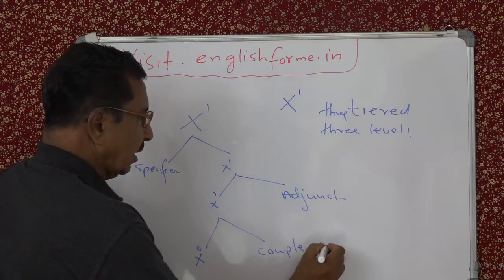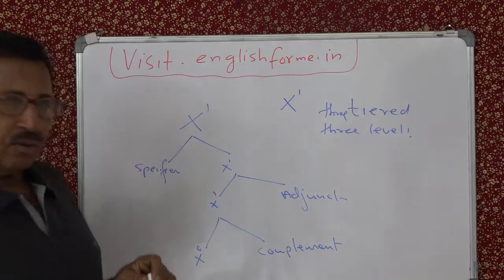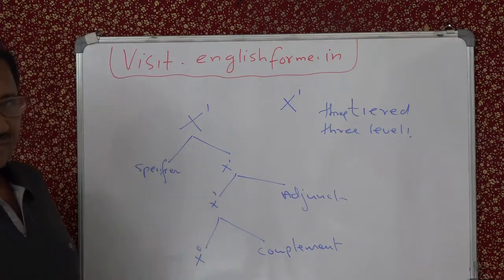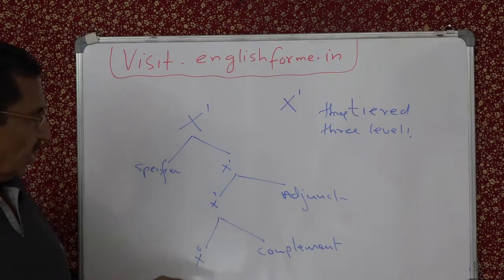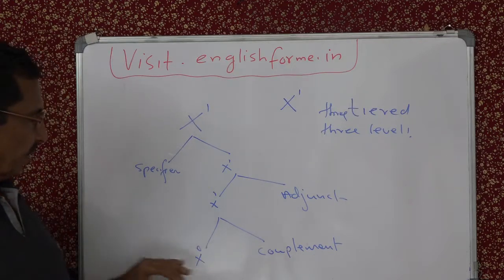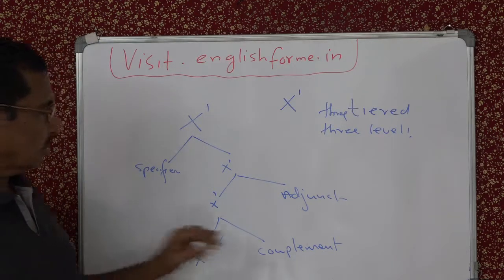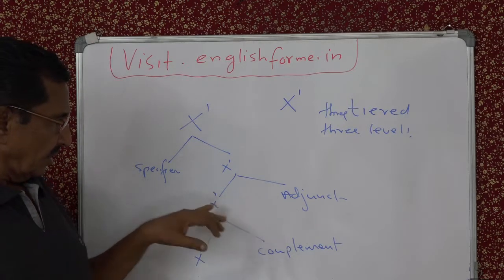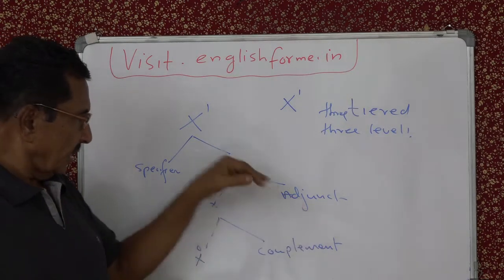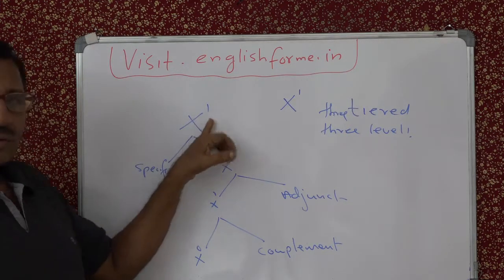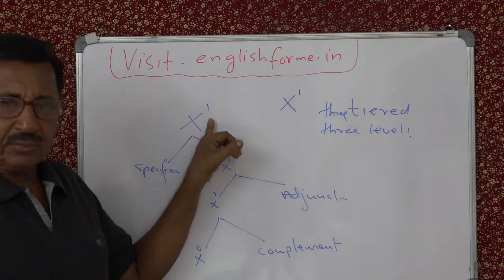So all the phrases in all the languages have this layered structure. You have noun complement, adjective complement, verb complement, preposition complement. The next layer is the adjunct. The next layer is the specifier on the left, and finally you have the maximal projection, that is Xbar.